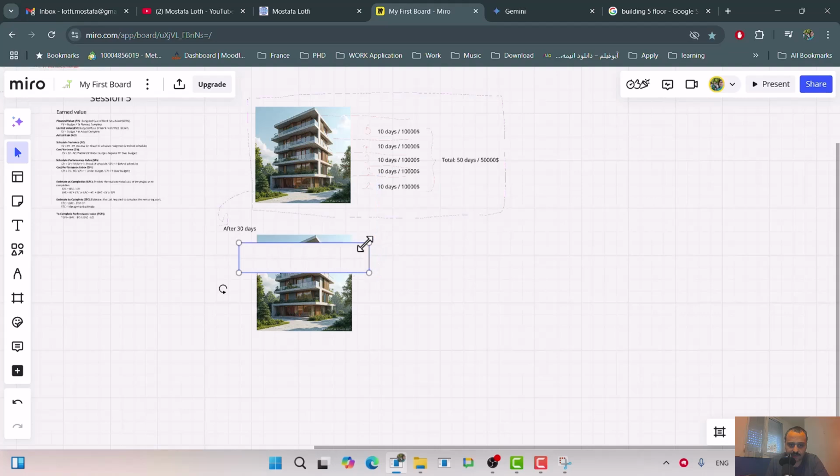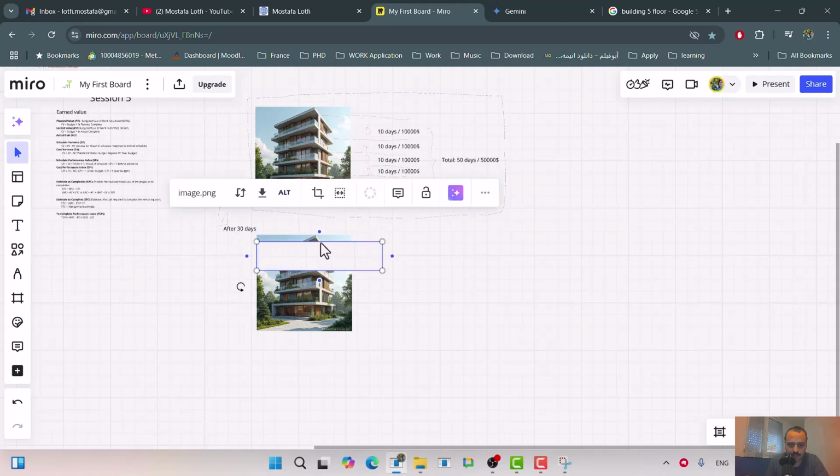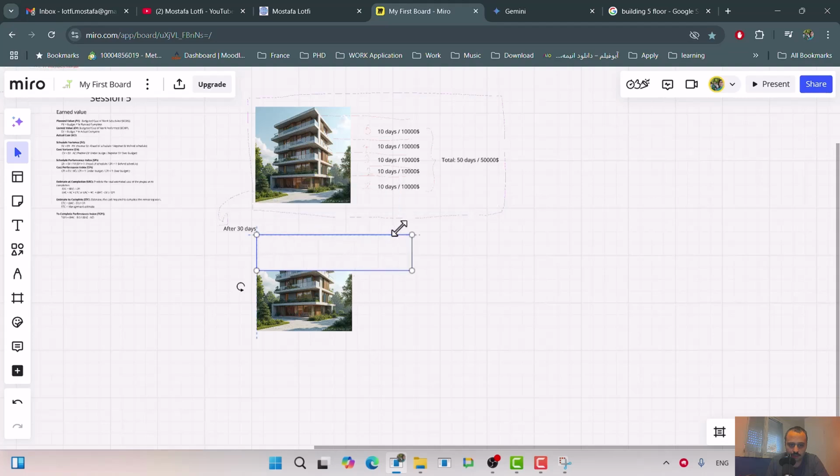Let's say after 30 days you check the project and you see only 2 floors are completed.